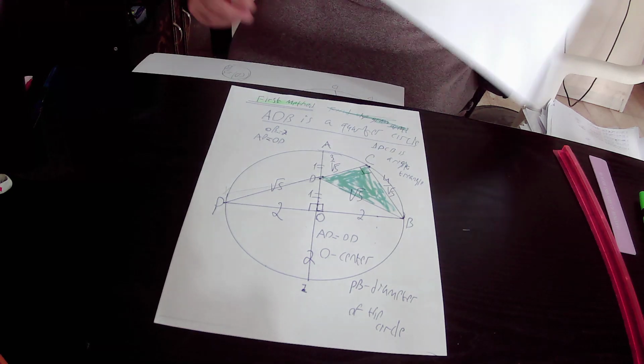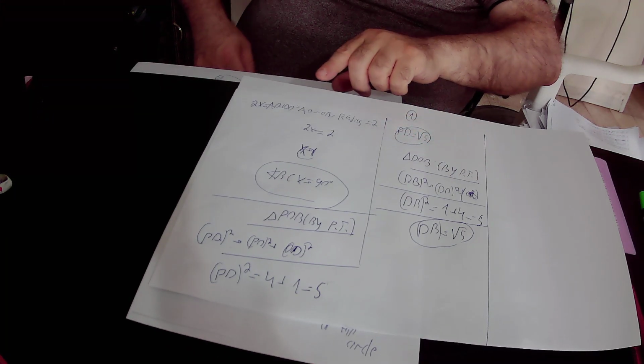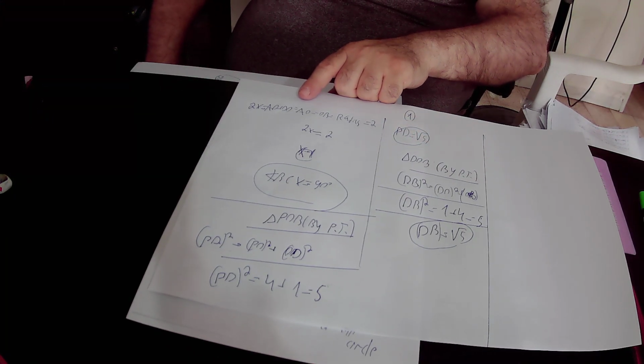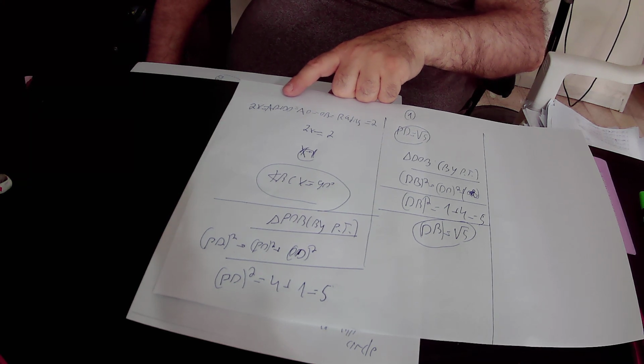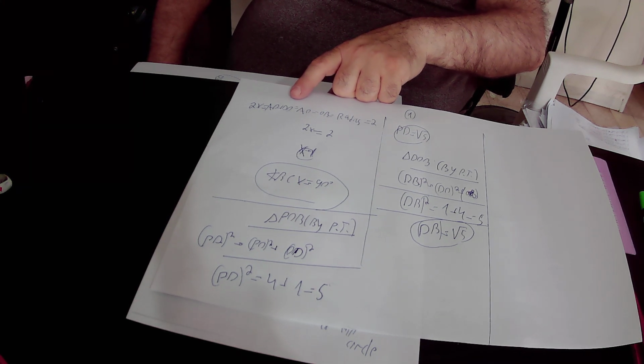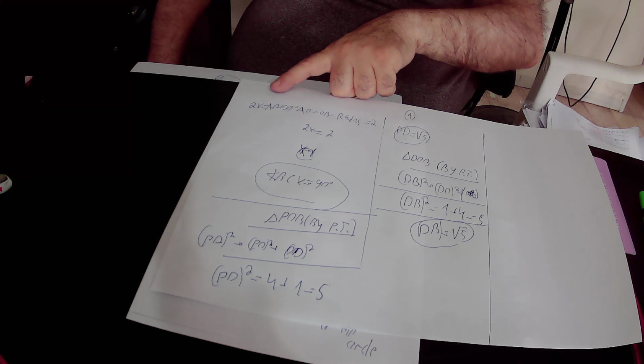Here, AD equals DO, AO equals AD plus DO. It is clear from the drawing. So if AD equals X, then DO must also equal X, because they are equal to each other. So AD is X and DO is X, so AD plus DO is X plus X, that is 2X.